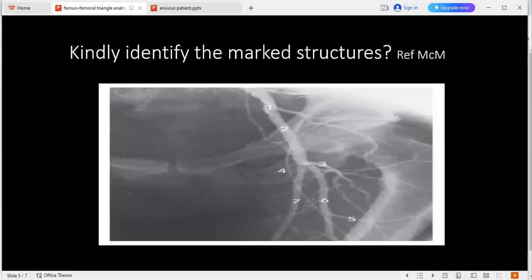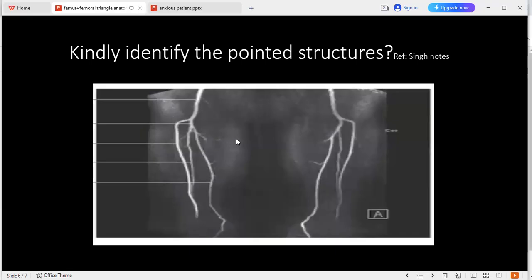Moving on. Can you please identify the image you are looking at? This is also a CT angiogram. It seems like it's on the popliteal artery and its branches. Very good. Here you can see there are labels.